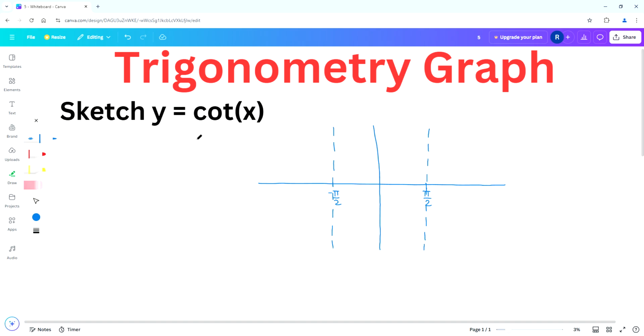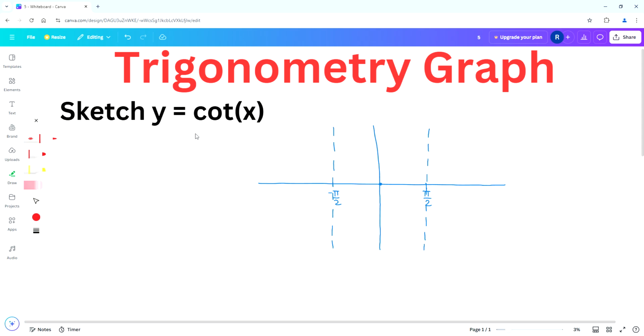Between these two vertical asymptotes, the x-intercept for the tan function is at origin. For the cotangent function, the vertical asymptotes are at the x-intercepts for the tan function.